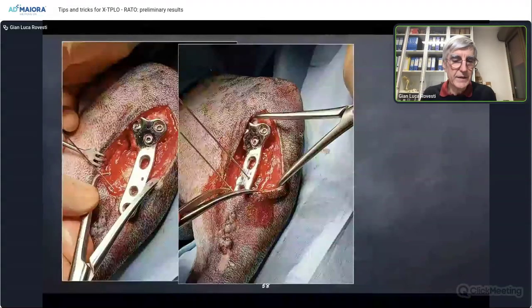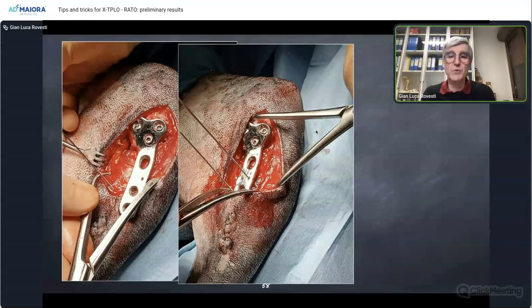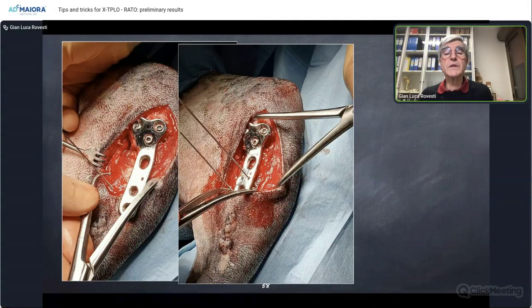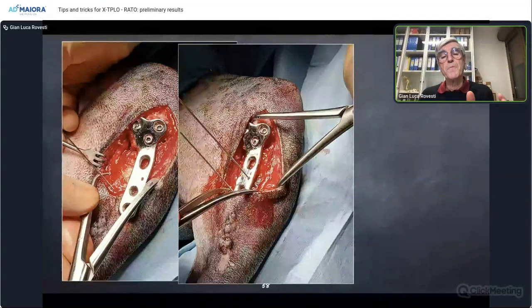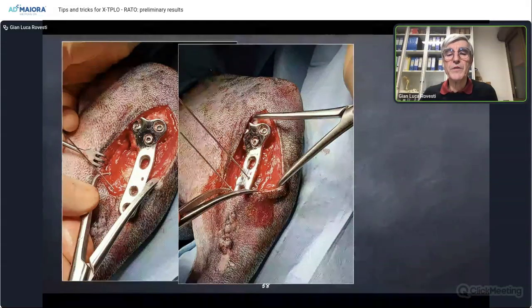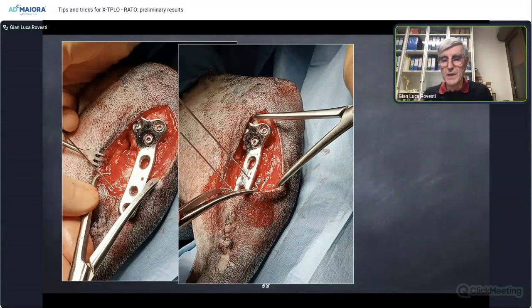We are not going into the details simply because we don't have time enough for that, but we should apply radial compression in order to compress the 2 segments of the tibia on the radial surface of the osteotomy, and insert this 1.5 K-wire in the distal hole in the tibia.